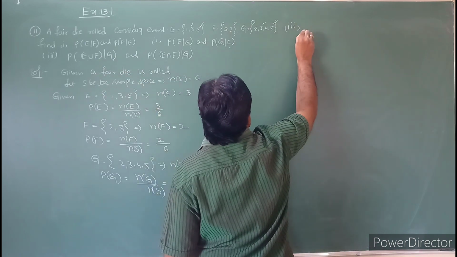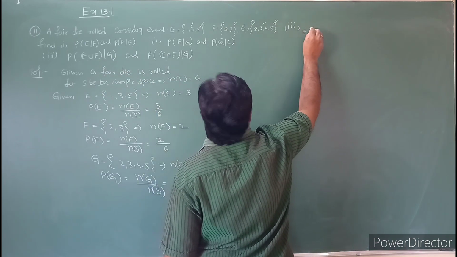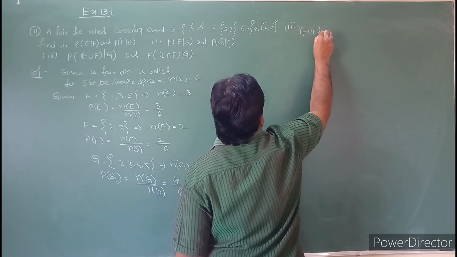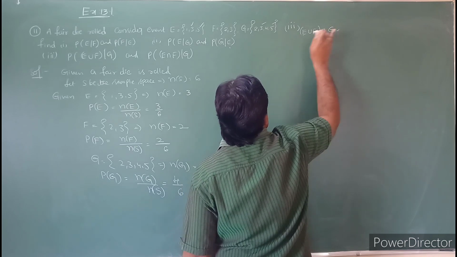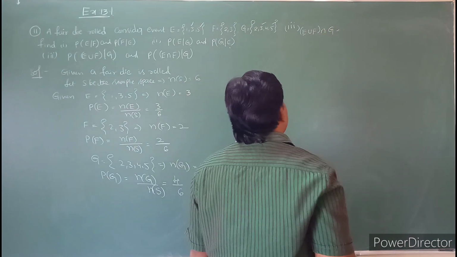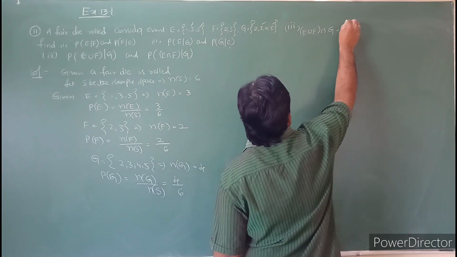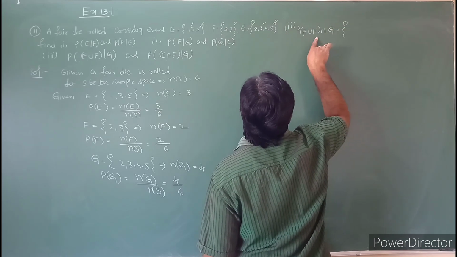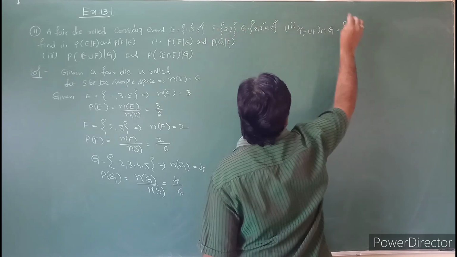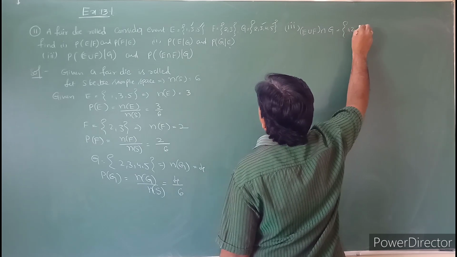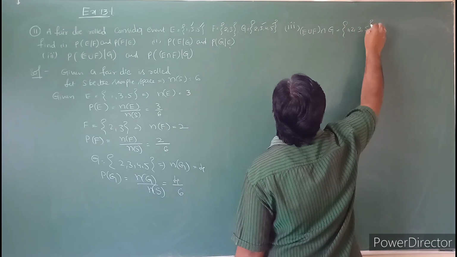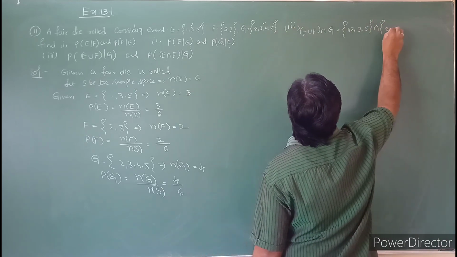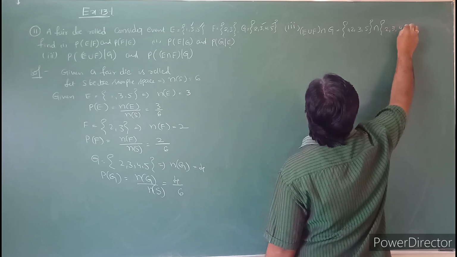First, you have to calculate E union F intersection G. What does E union F mean? You have to take all the terms of E and F, so that is 1, 2, 3 and 5. Intersection G. What is G? G is 2, 3, 4, 5.